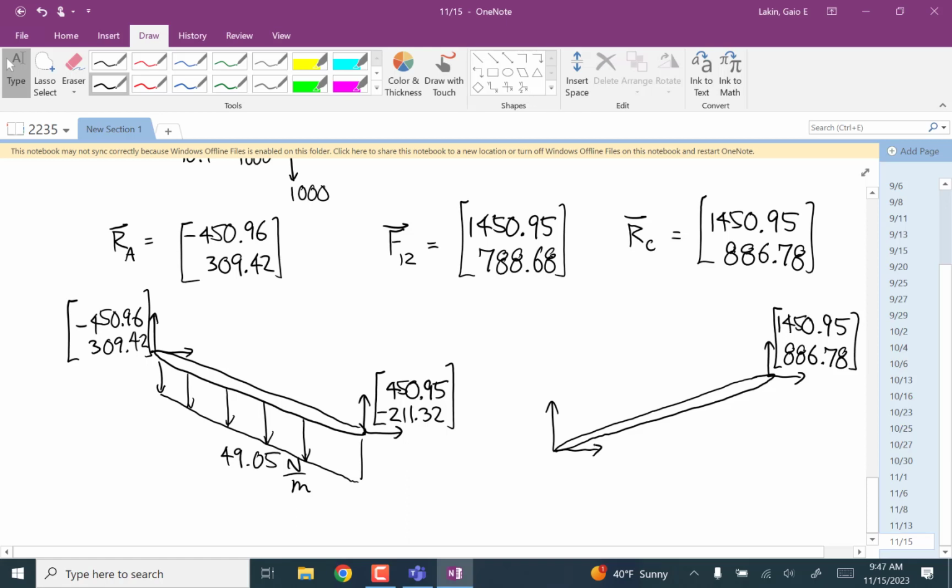Down here we have negative F12, so negative 1450.95, negative 788.68. And then the same downward distributed load of 49.05 newtons per meter.